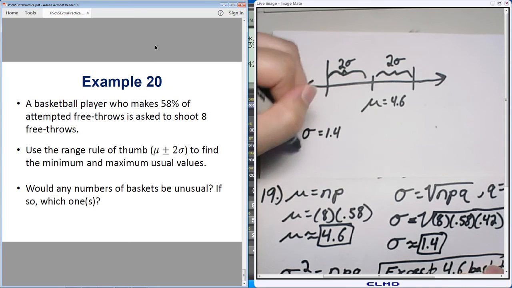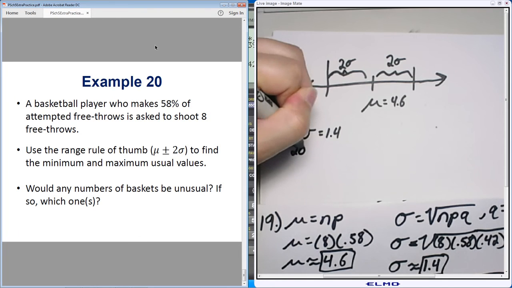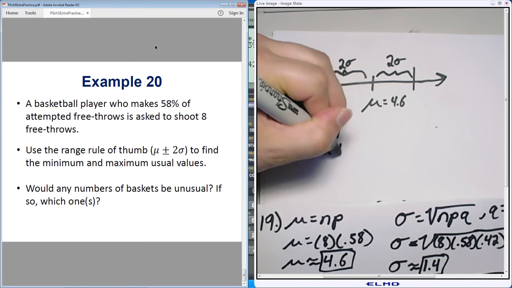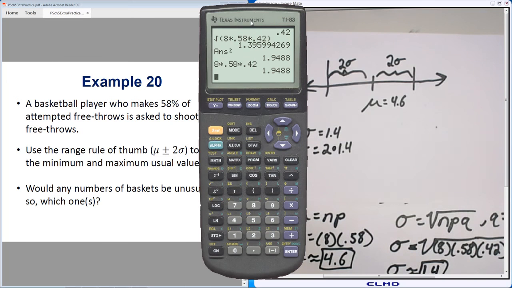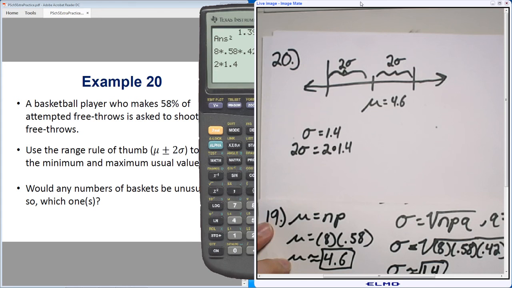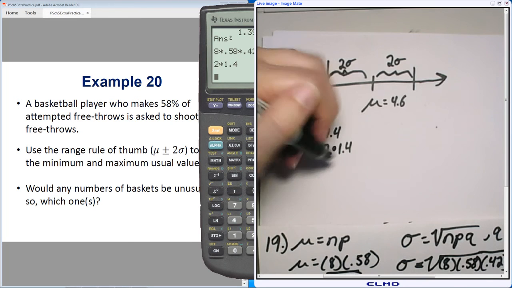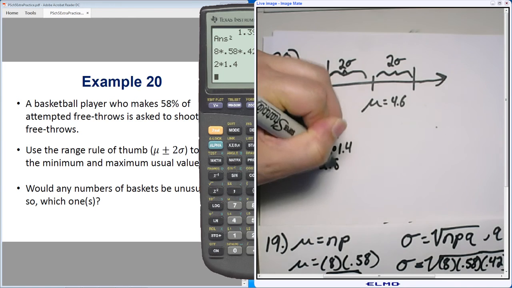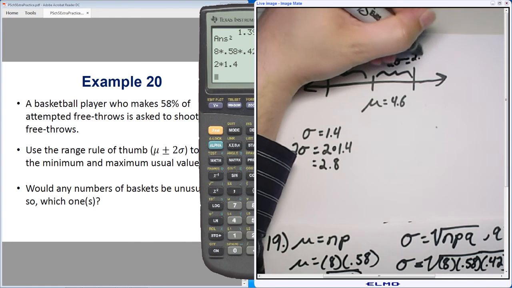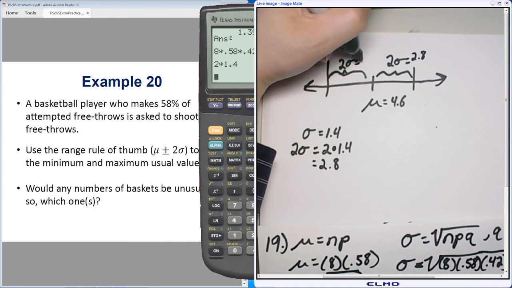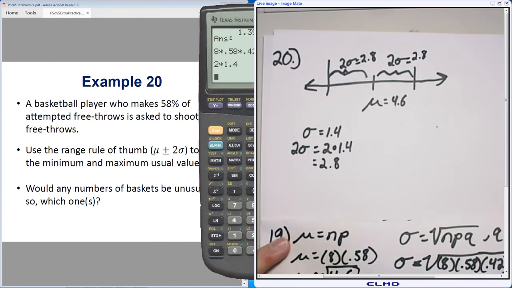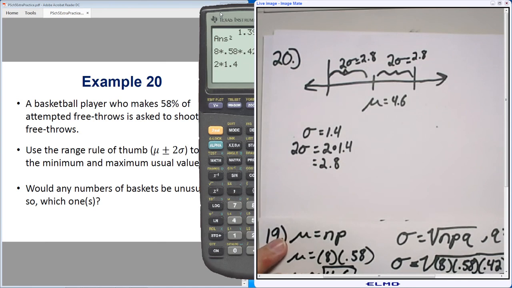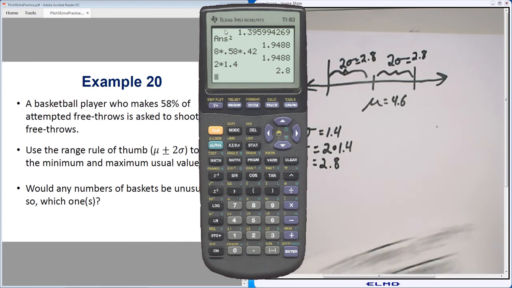It's okay that we're using the rounded one. Well, let's find 2 times sigma. That's 2 times 1.4, which is 2.8. We're going to go 2.8 above and below 4.6 and make some fence posts. The handy dandy calculator will definitely help with that.